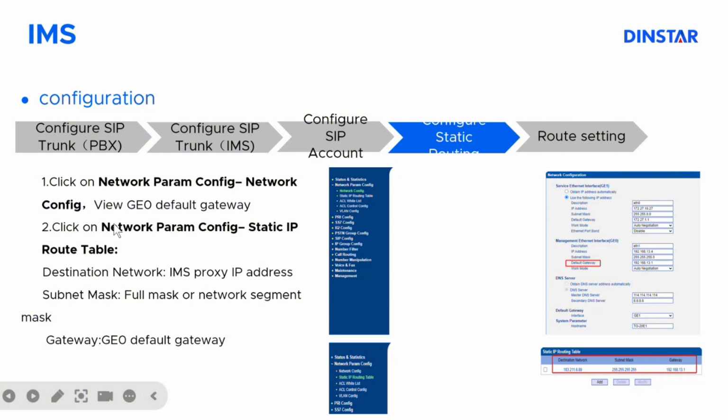But when connecting with the IMS, we need to set this to G0. The G0 is connected to the IMS private line, so it needs a static route.